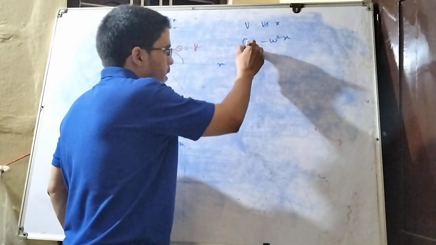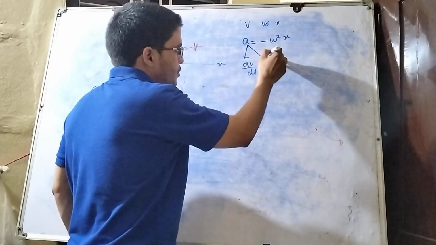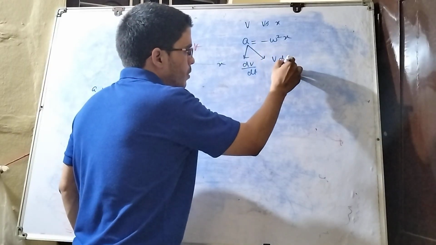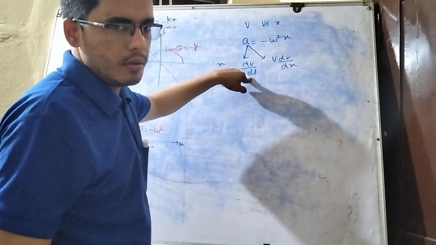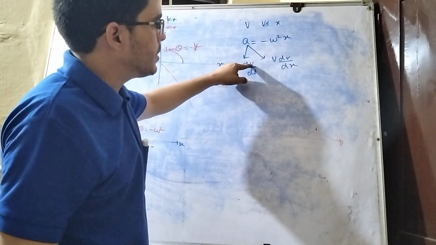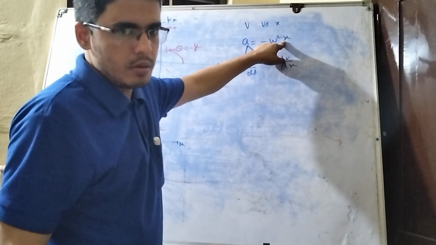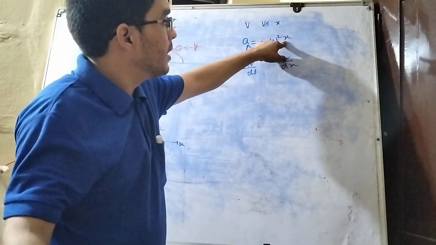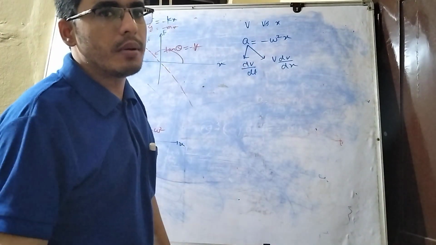So in place of acceleration we can write dv by dt, and another option is to write v dv upon dx. Suppose I write dv by dt, no doubt I will get the velocity, but time is variable and here x is variable, so three variables: x, time, and v.